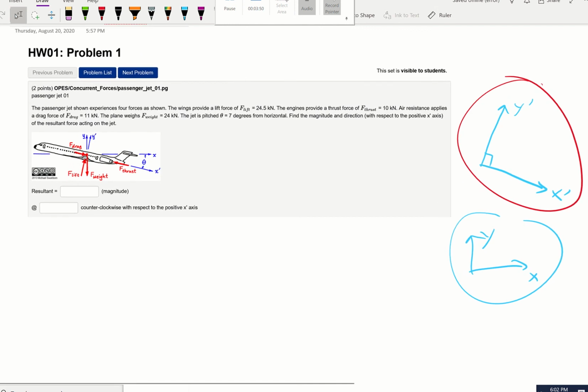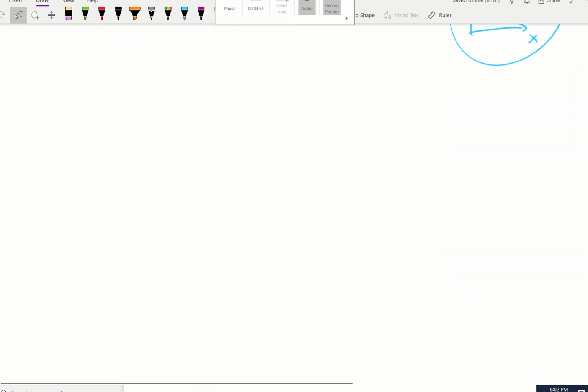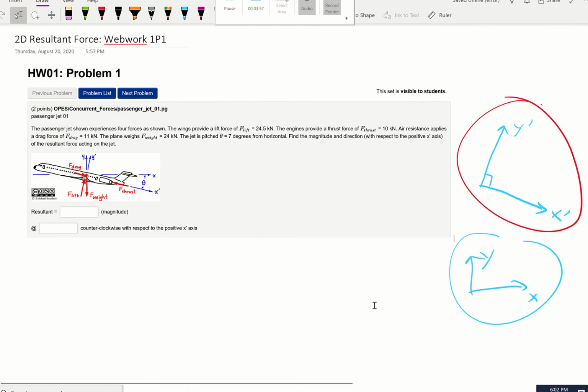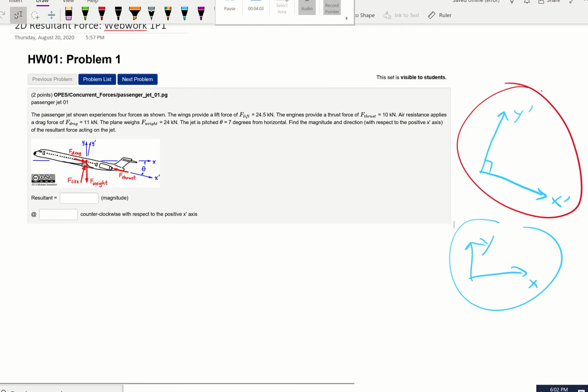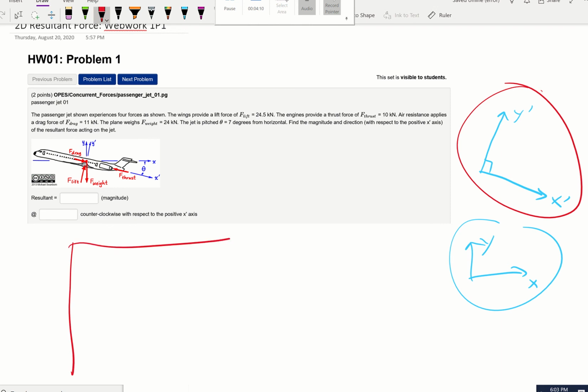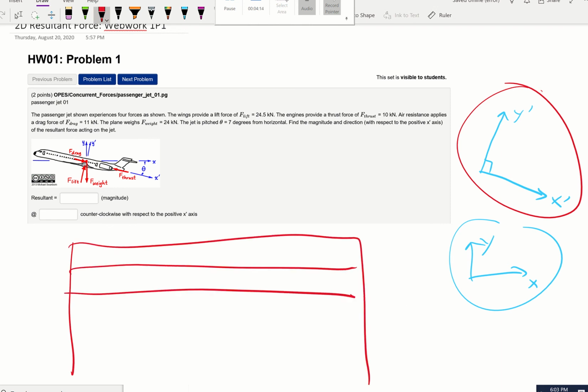So now let's go ahead and solve this problem. I will just do some skeleton work here, and I will let you finish the calculation. What we do is look at those four forces, and we can create our table. The first force will be F drag.